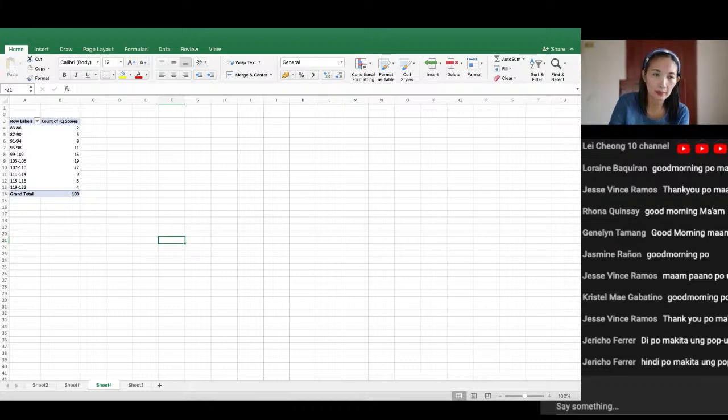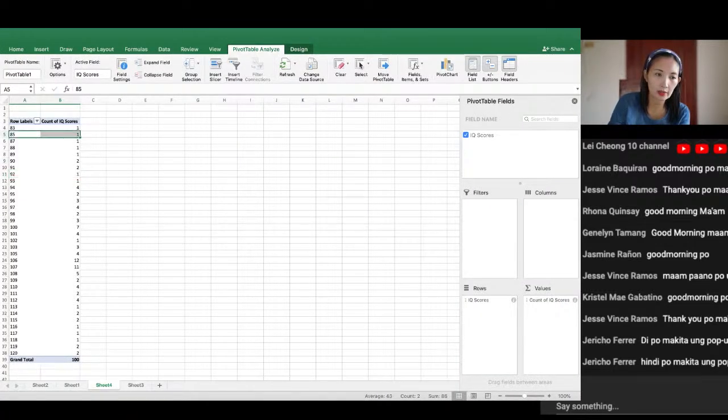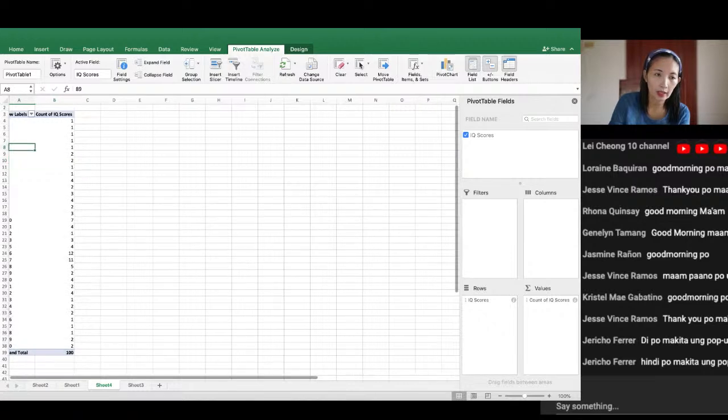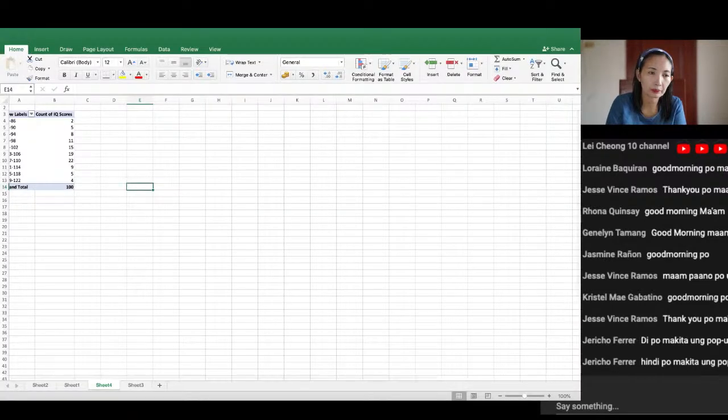Once again, I will choose any of these row labels and right click, and then this will be displayed. Choose group, starting with the lowest value, 83, ending 120, and our class interval is 4, and click OK.